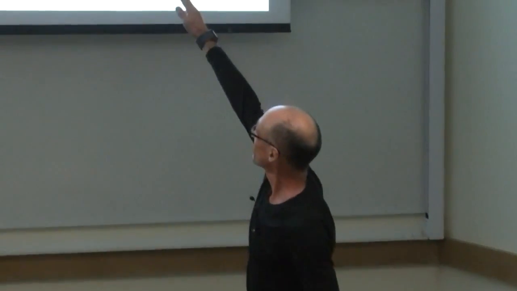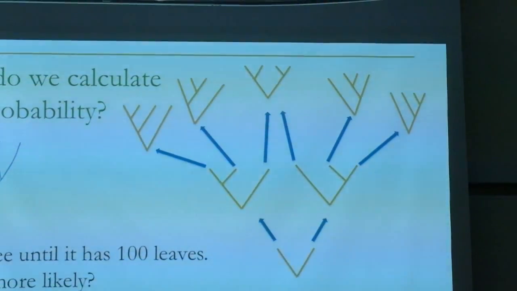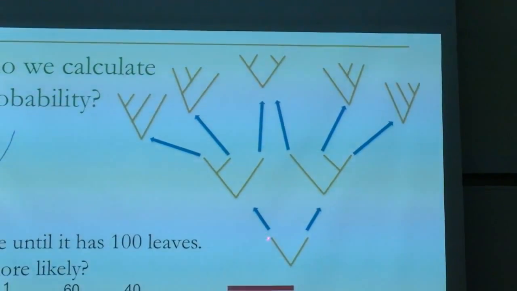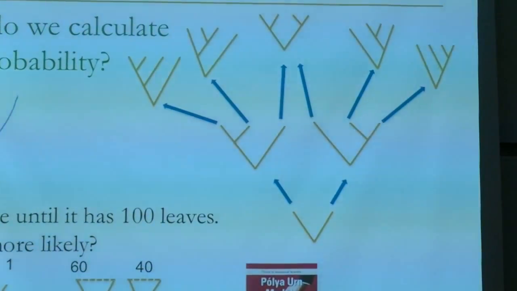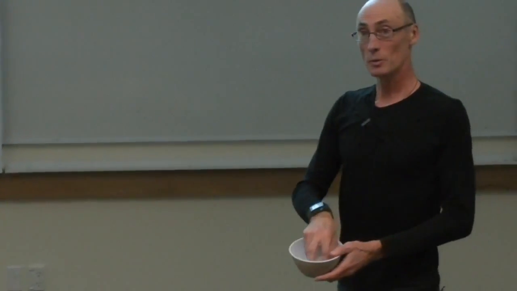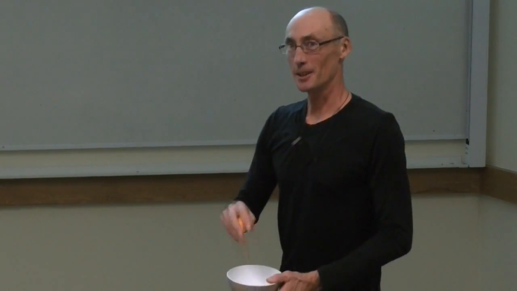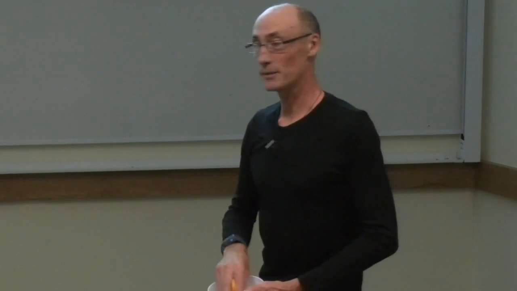To follow that left-hand path up there, so we've got orange here, I need to pull out an orange one, then I need to pull out another orange one. So I'm really asking, what is the probability that when I do this process, starting with one orange and one white, I'm always only ever going to have one white at the end. So I'm just going to have orange and orange and orange and orange. What's the probability of that?